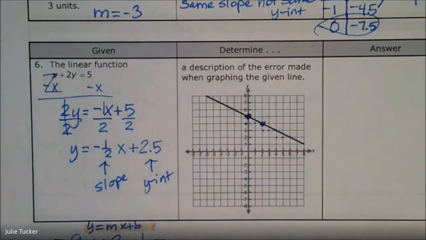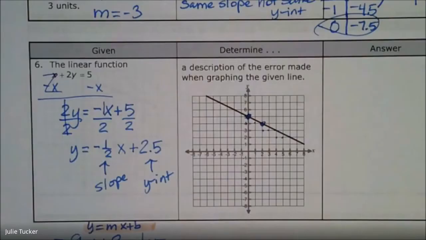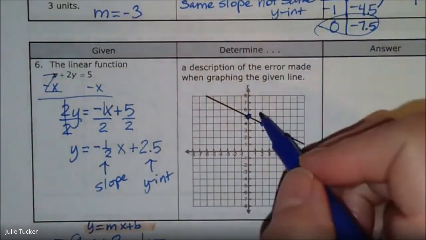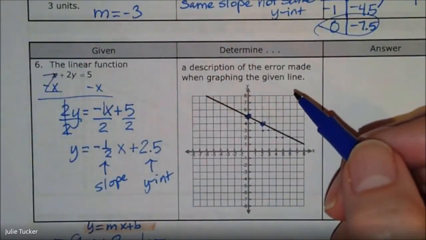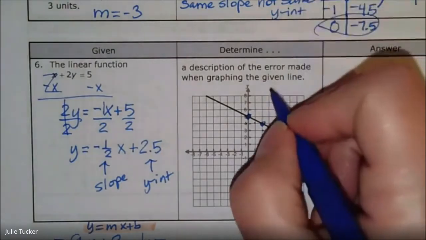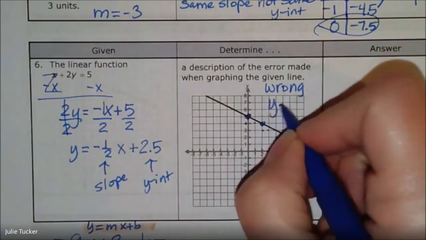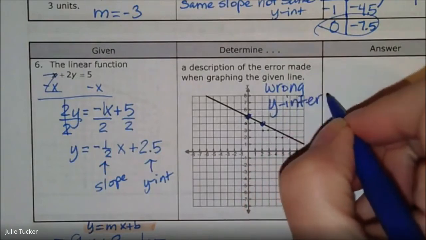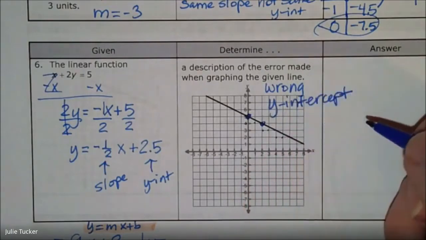So what's wrong with their graph? They don't have the 2.5. Exactly. They did 5 for the y-intercept. They messed up the y-intercept. So we're going to write wrong y-intercept. Okay?